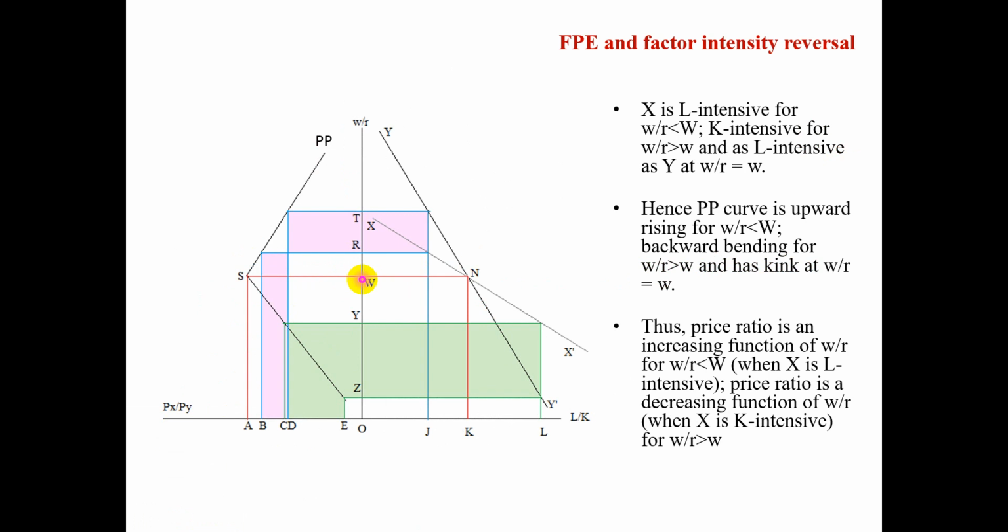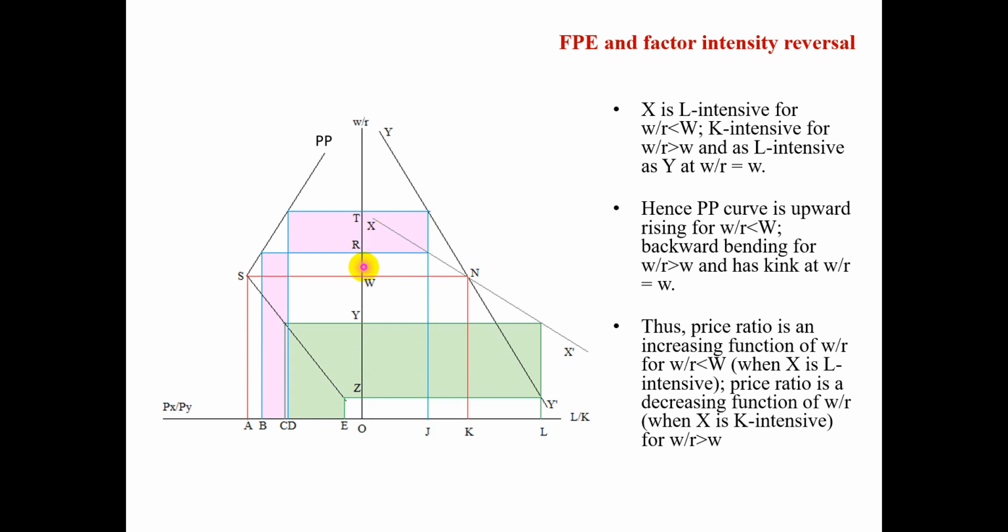So if the actual wage rental ratio is less than that, then X is relatively more labor intensive, so that we get the increasing relationship between Px by Py and W by R.